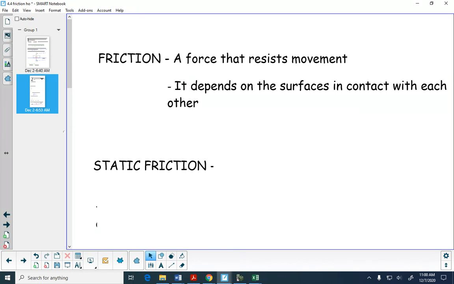A lot of it depends on the surfaces in contact with each other.